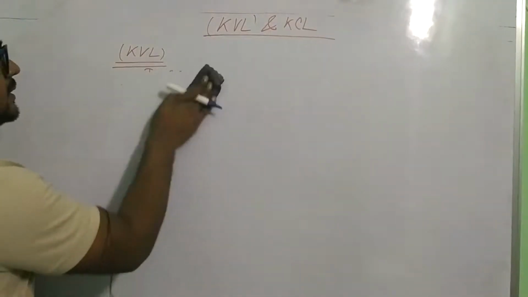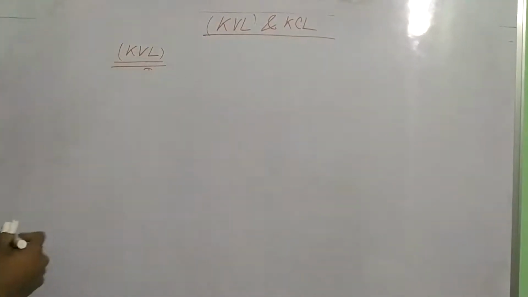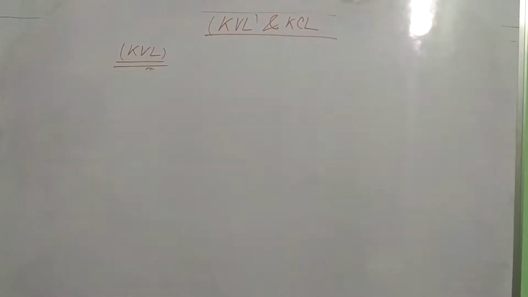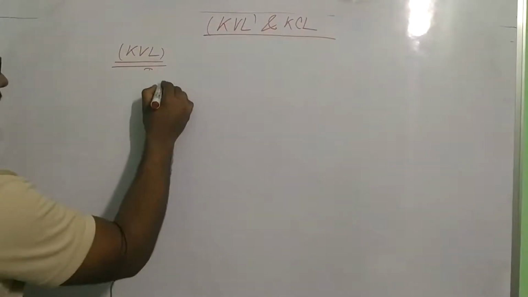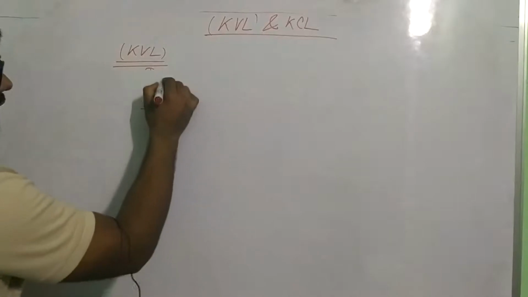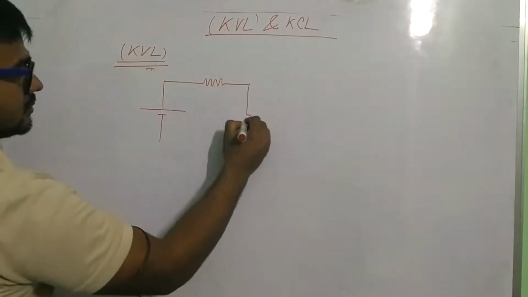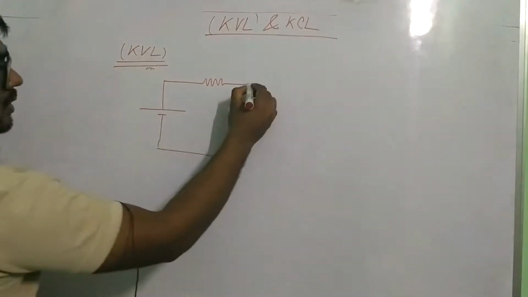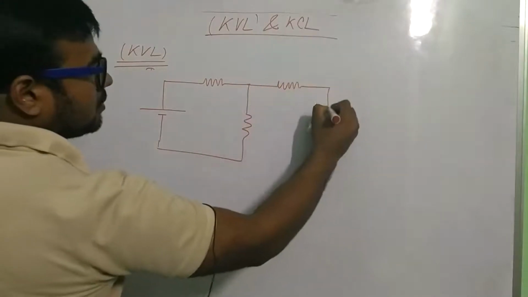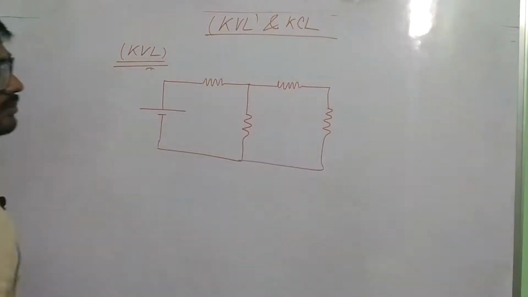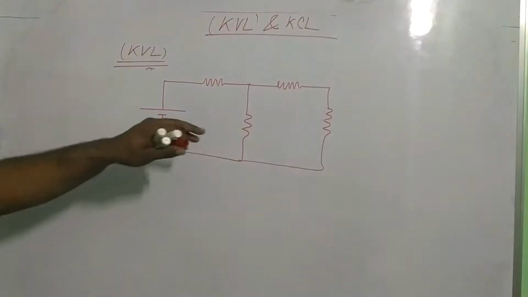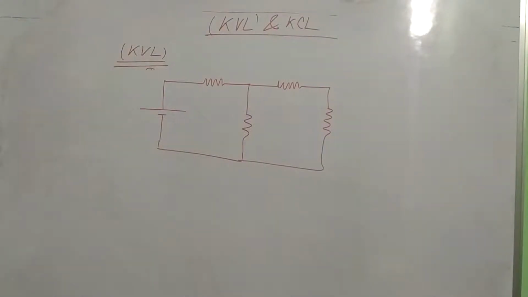If the circuit looks like this, it is the previous current dividing rule problem. This type of circuit I already solved through the current dividing rule.